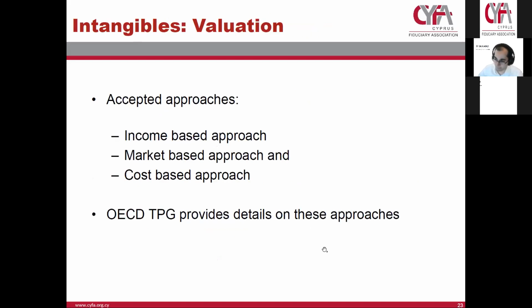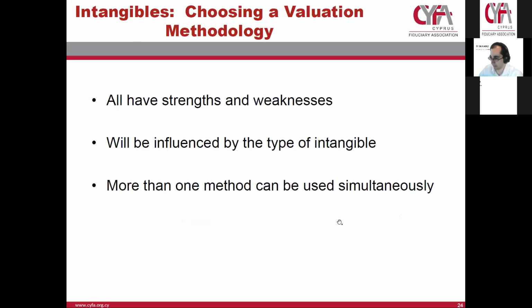In order to value intangibles, typically there are 3 approaches that are commonly used. I'm not going to go into detail in the interest of time, but essentially there are income-based approaches, market-based approaches, which are basically relying on empirical information, and cost-based approaches. And the OECD guidelines provide some level of detail, but of course, a high level of detail, I would say.